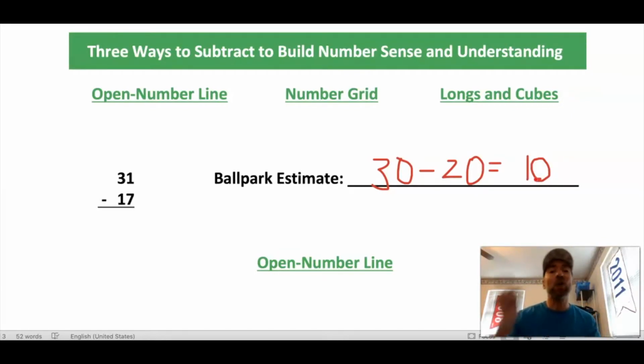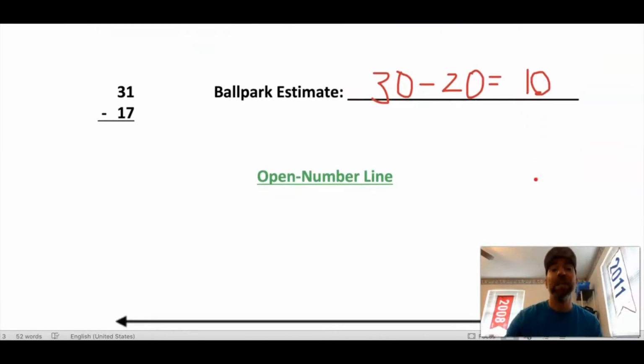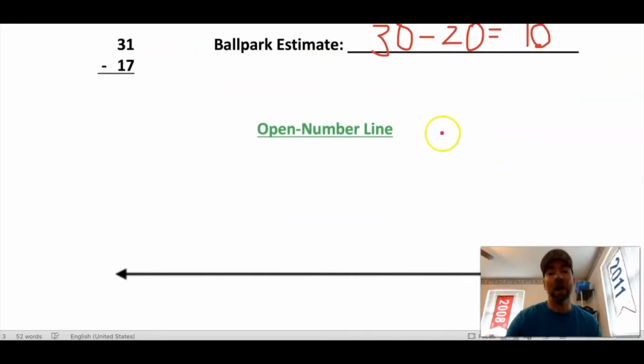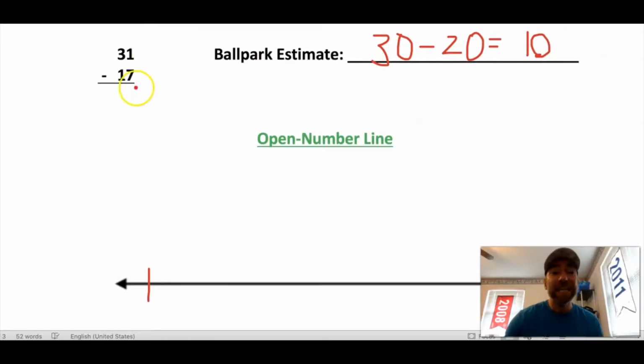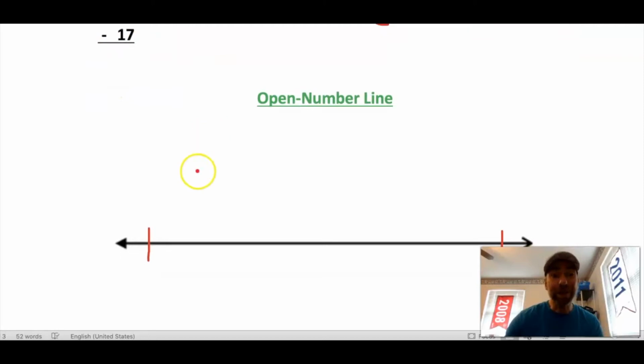Let's practice our first strategy, an open number line. Now, we remember when we have open number lines, we have to put our start and we have to put our stop. So my starting point in subtraction is my smaller number, and my smaller number is 17.